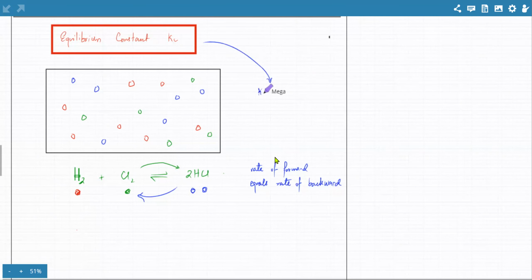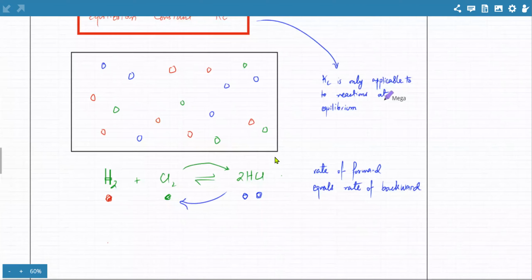So first thing, Kc is only applicable to reactions that have already attained equilibrium. That's one very important thing to remember.